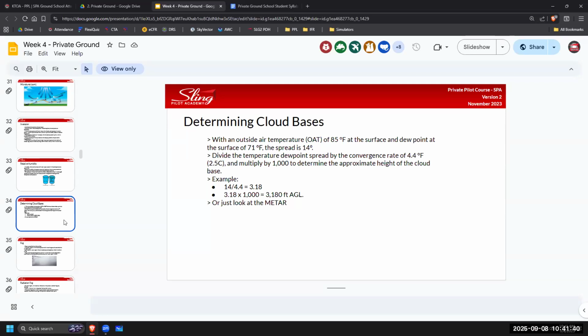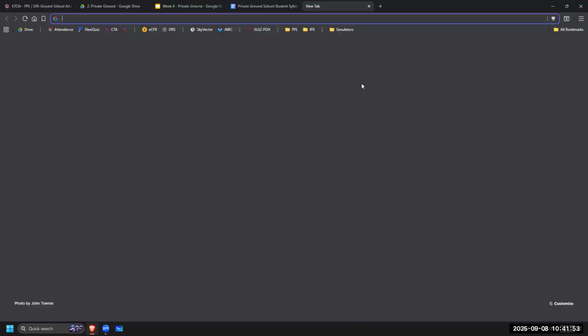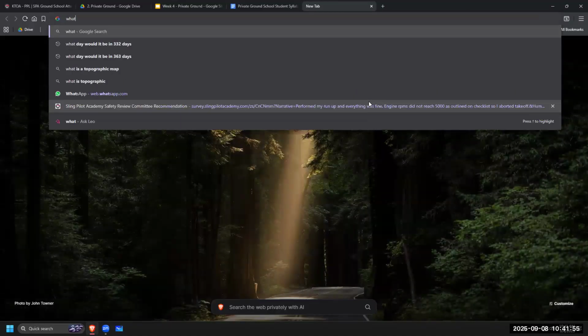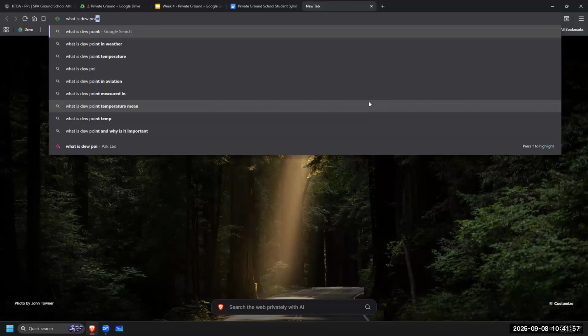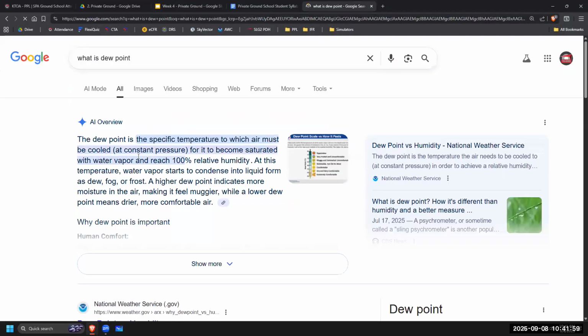Does anyone know what the dew point refers to? Anyone study? I don't know the definition of dew point, but I know that if the temperature and dew point are closer together, the air is more saturated.